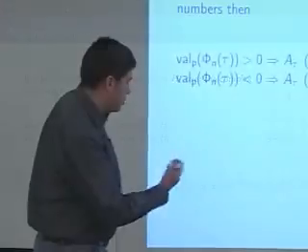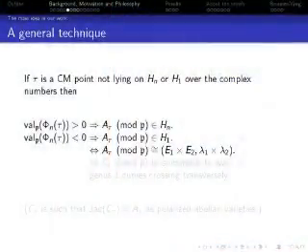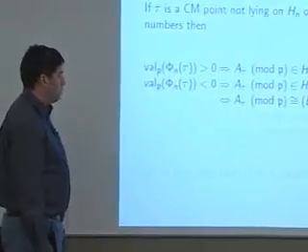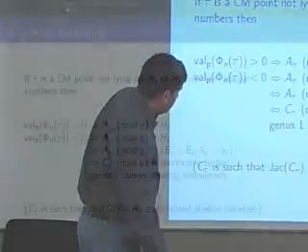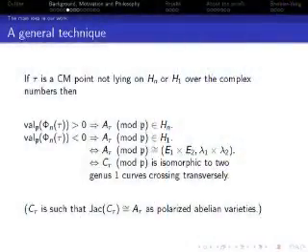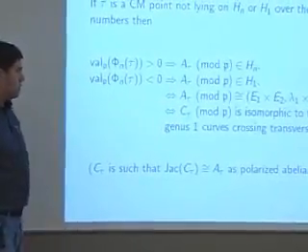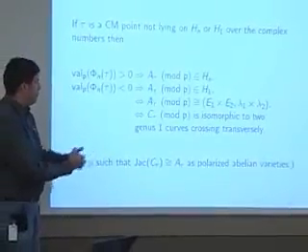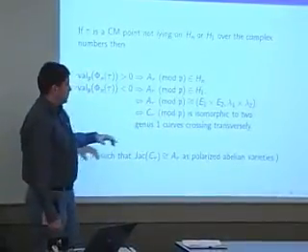For H1, let me just run through the analysis with you. To say it's in H1 means that mod P, H1 parameterizes this data, so this Abelian variety becomes isomorphic to a product of elliptic curves with the product polarization. And if you wish, since every principally polarized Abelian surface is a Jacobian of a curve, uniquely determined by Torelli's theorem, if we take this curve, which actually has a model over a ring of integers, and reduce it mod P, the Jacobian of the reduction mod P should have this form.